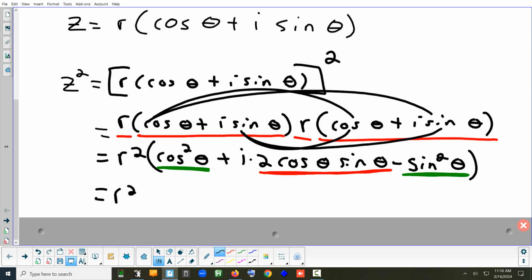Cosine squared minus sine squared was something else we did. It was when we did the sum and difference identities, double angle identities, 7.5. What is cosine squared minus sine squared?